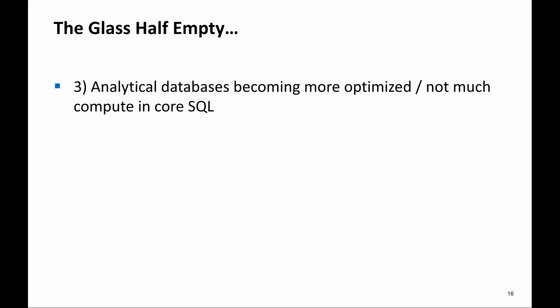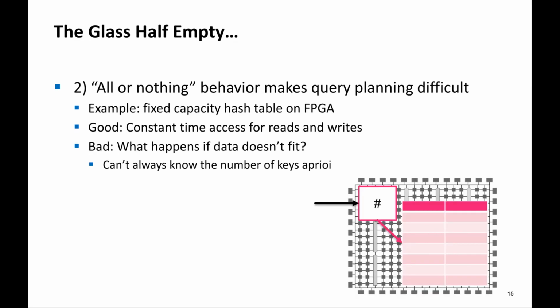This basically takes away the benefits of these clever ideas, because in a database where option A is that everything works amazingly well, and option B is that the world explodes, you will not like it very much. The query optimizer will not like that these are the two options. So you would prefer to say, let's not use this specialized hardware and let's stick to the CPUs and the resources we already know.